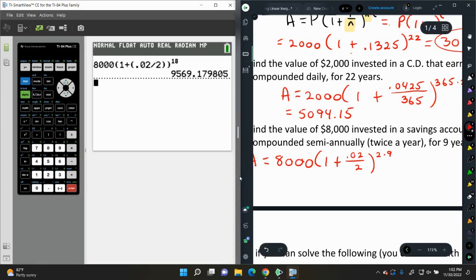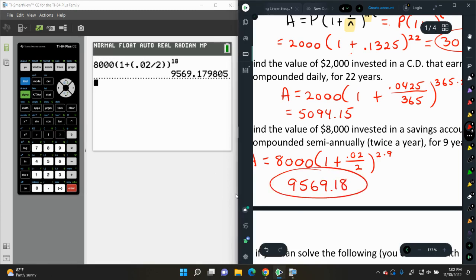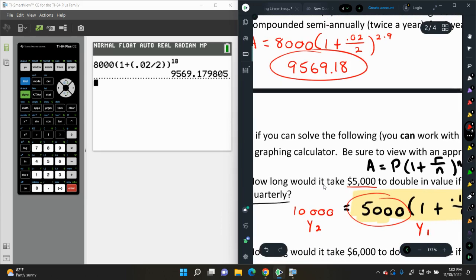And that gives us $9,569.18. Okay? Any questions on the first page? Okay. The second page, this is the calculator page.